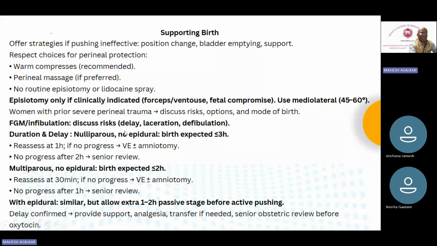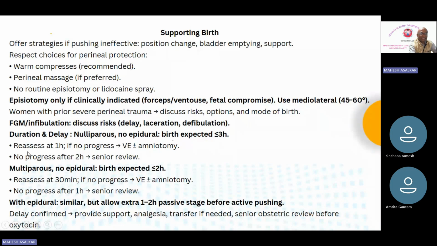Duration and delay. Nulliparous with no epidural, birth is expected to occur within 3 hours. Okay, for the second stage. For nulliparous without epidural, birth is expected to occur within 3 hours. Okay, so reassess at 1 hour. If no progress, do the vaginal examination plus amniotomy.